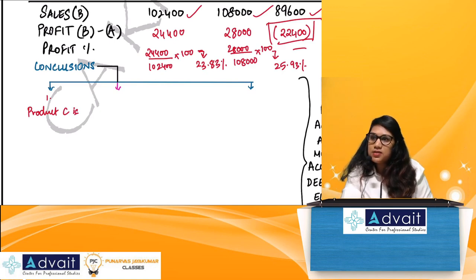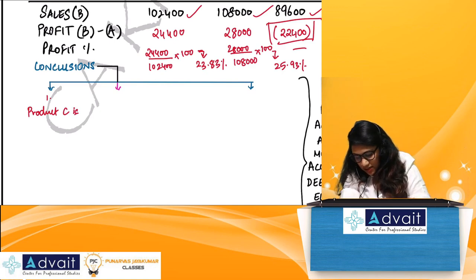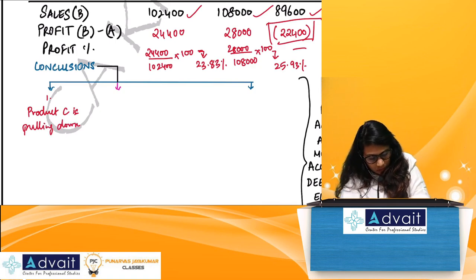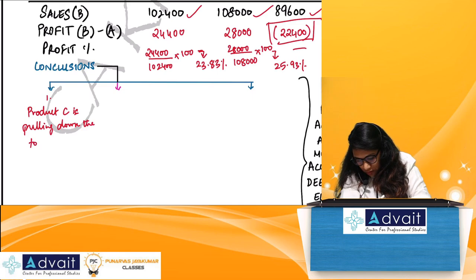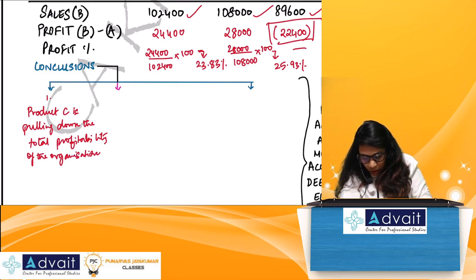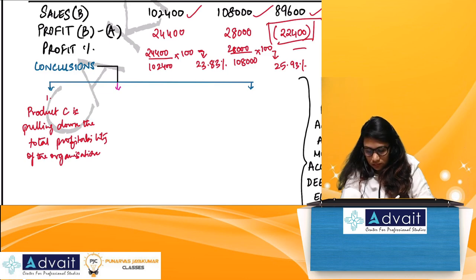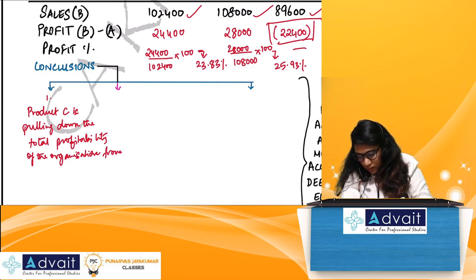Product C is pulling down the total profitability of the organization from products A and B.